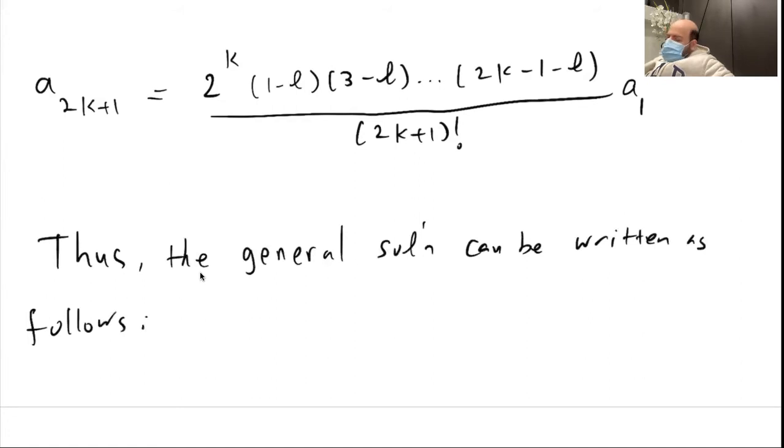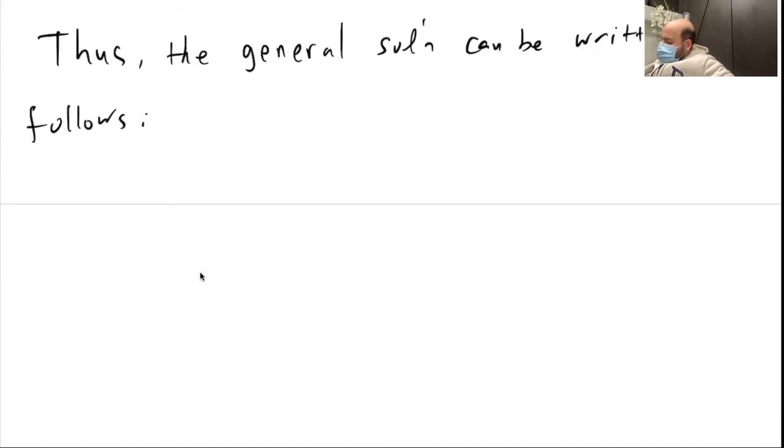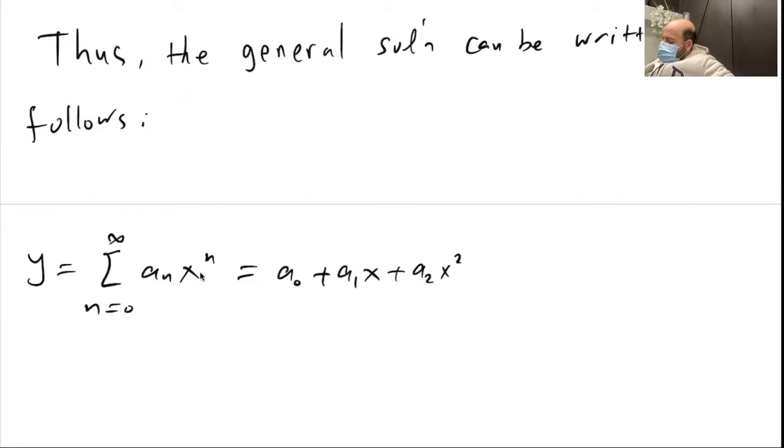So what was the general solution? It was y equals sigma a_n x to power n, from 0 to infinity, which is the same as A0 plus A1 x plus A2 x squared, A3 x cubed, and so on.